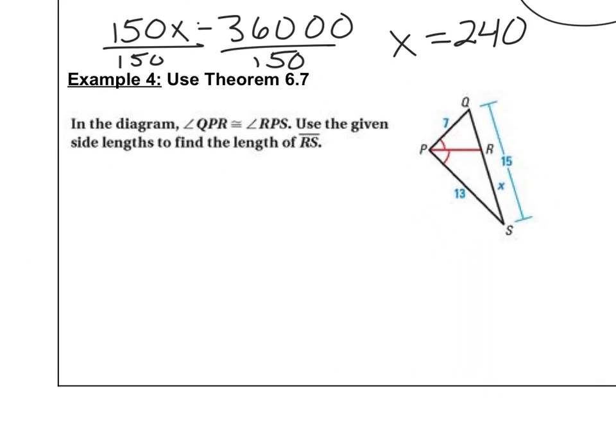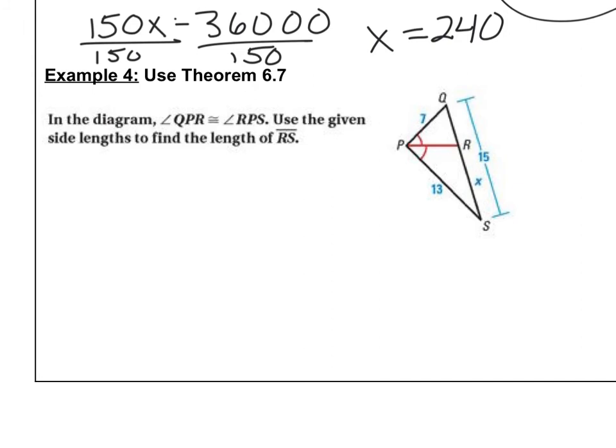Last but not least, use theorem 6.7. In this theorem, from the previous theorem, 6.7 talks about how if an angle bisects, then the base sides are proportional to the sides over here.